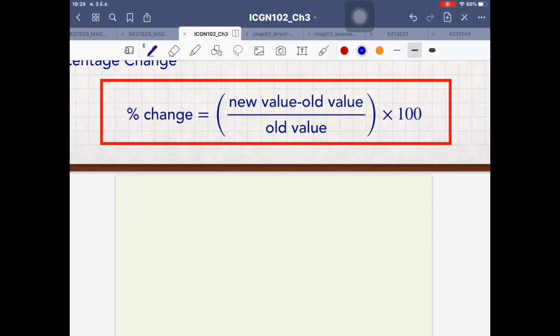All right, if we start from some product, it could be a television set or a mobile phone, for example. But let's say we just have product A. Let's assume the old price or the current price.